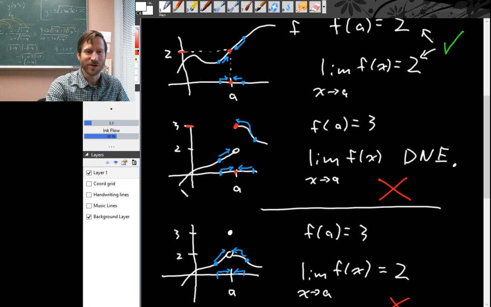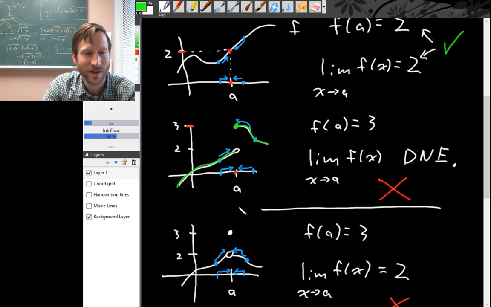On the middle one here, you could draw this graph by starting at the left and tracing up and to the right, but once you got to the x value a, you'd have to lift up your pencil to get up to the y value 3, and then you could continue drawing the graph. On this bottom one, you could slide up like this, but then you'd have to lift up your pencil to draw this isolated point and then jump back down.